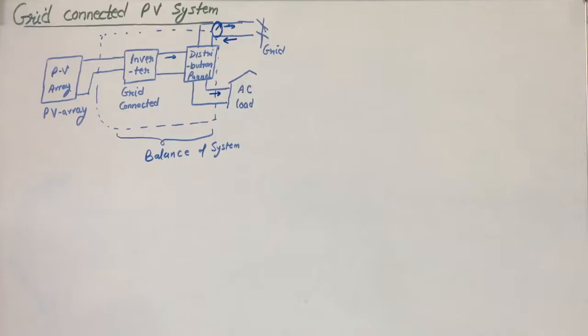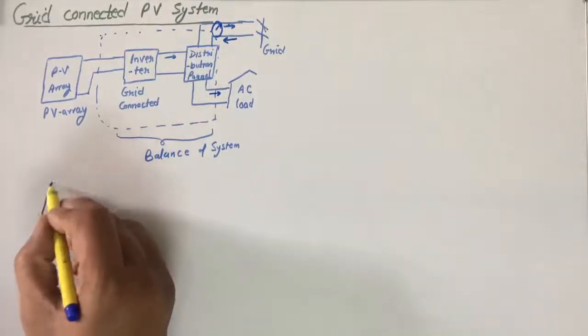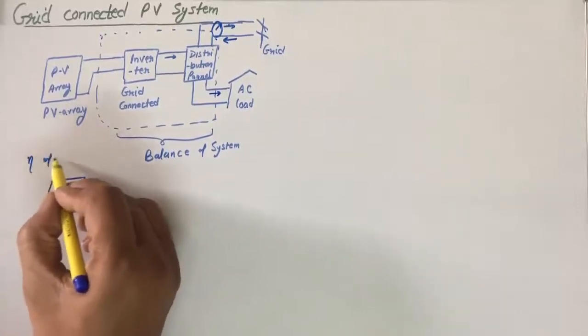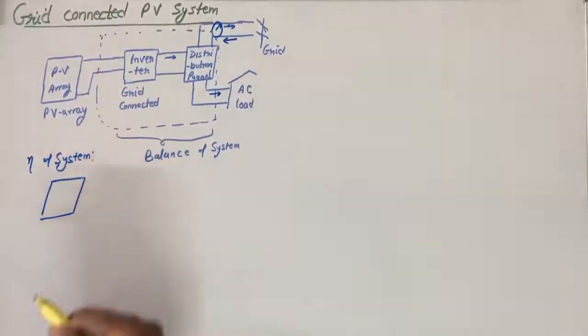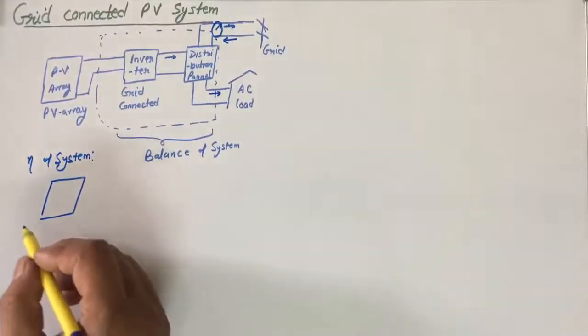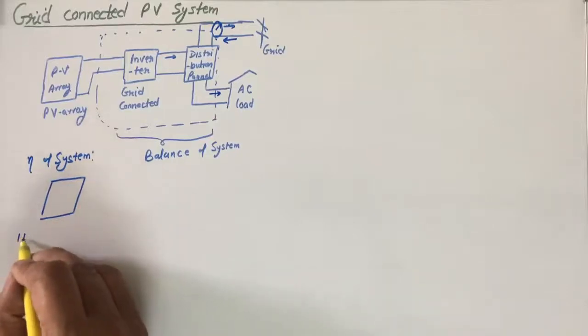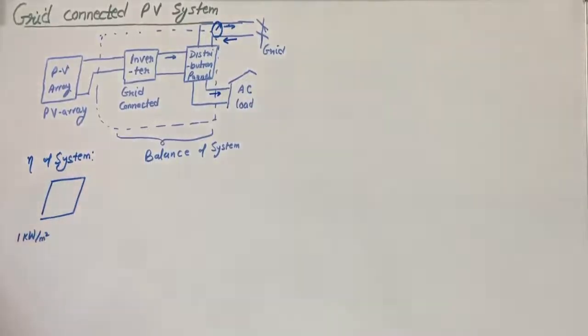Now the next thing that is important to discuss at this stage is the concept of the efficiency of the system. So we can write the efficiency of the system. This is our PV array, and the radiation coming here, for example, has a power density of 1 kilowatt per square meter.